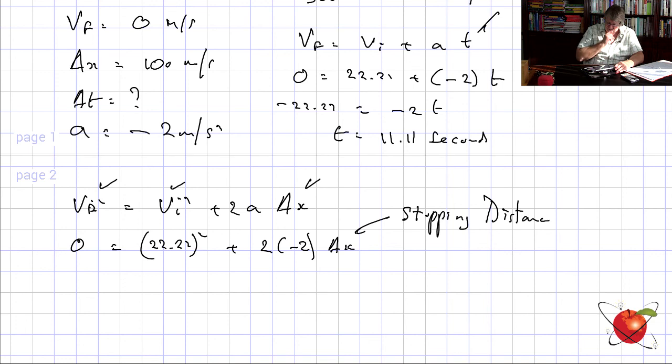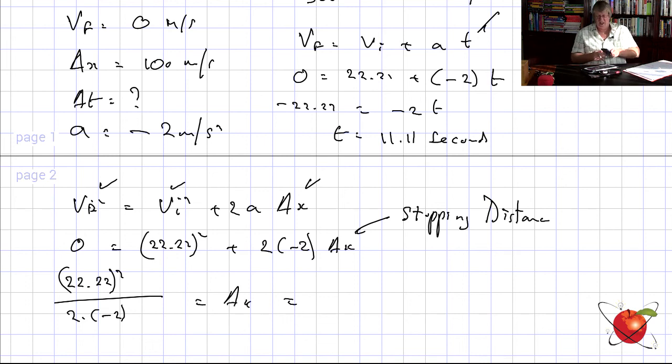So delta x is going to be 22.22 squared divided by 2 times minus 2. In other words, if we are coming along with a velocity of 22.2, we've only got 100 meters to stop, and we can only decelerate at 2.